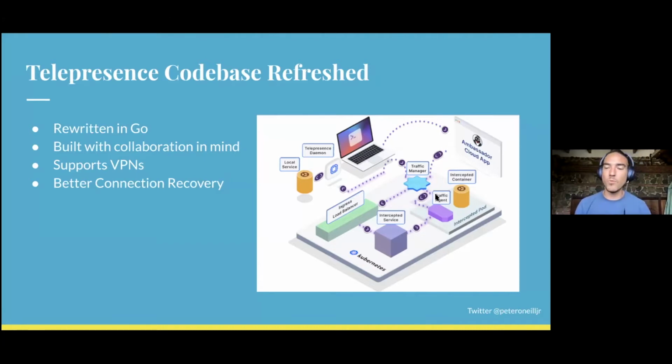And as you want to intercept a service, which essentially means that instead of traffic being directed to that service on the cluster, you want it directed to your local machine, we pop in a little item called a traffic agent, which then helps direct that traffic down to the local machine, intercepting that service and allowing you to work with a service in conjunction with everything else in the cluster. And we'll cover a little bit more as we go and explain this in a little better detail.